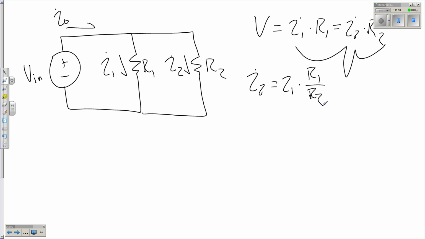If we want 1%, we want I2 to equal 1% of I1. Well, it kind of looks like we've already got this solved, right? Because this is just going to equal that.